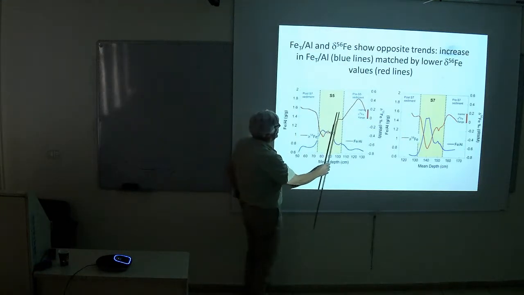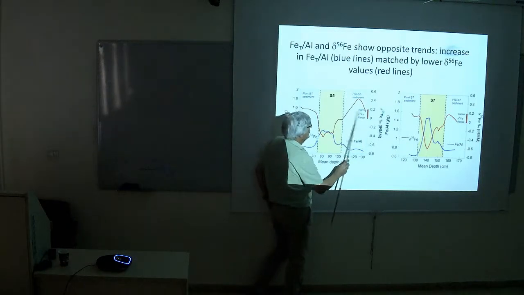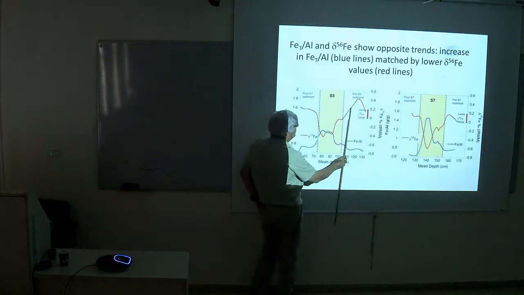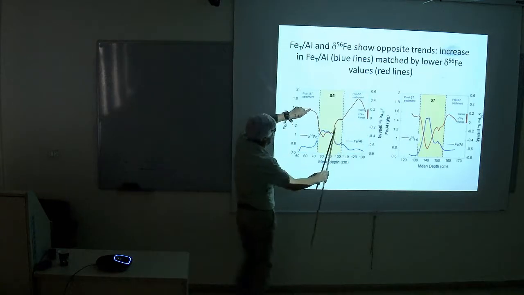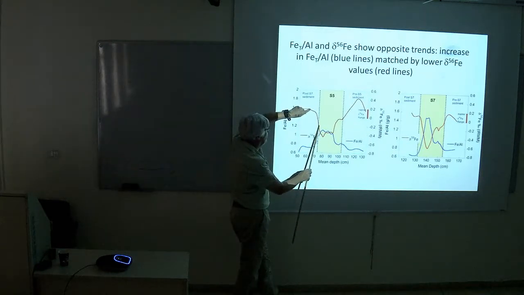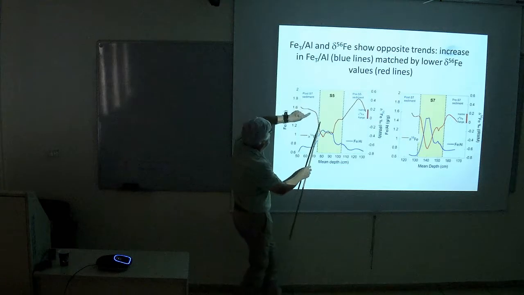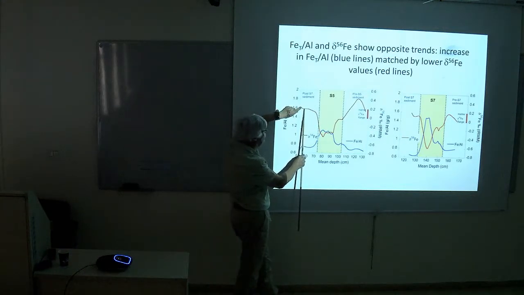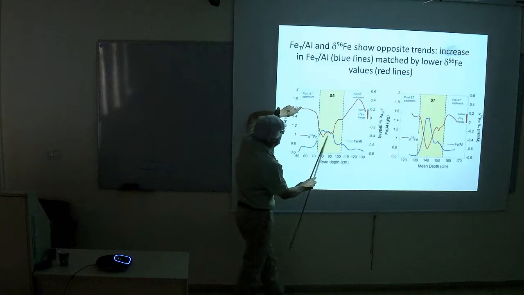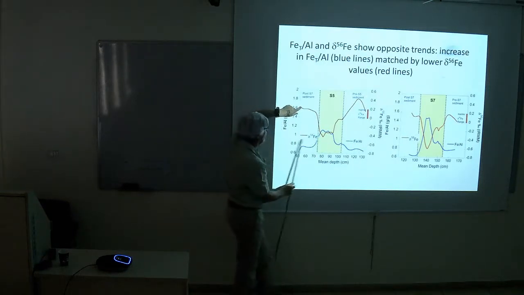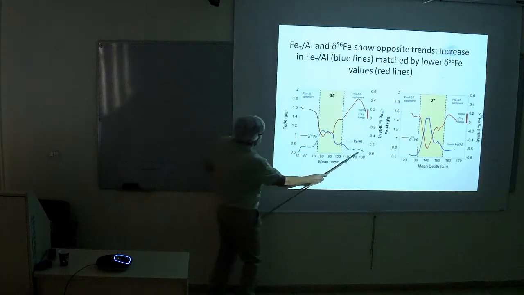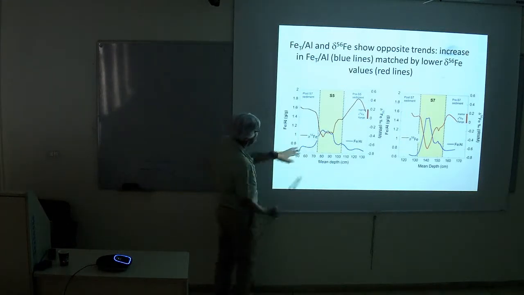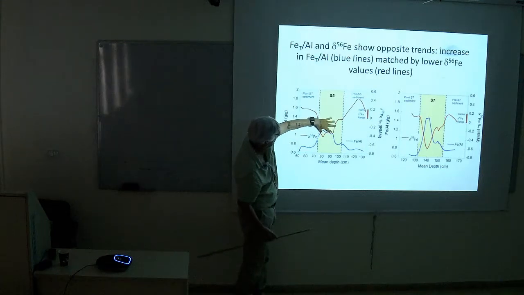And what we see, apart from this strange rise here, which I won't go into because I don't really fully understand it, though I have an explanation I'll mention, is the main thing I want to show: this drop in delta 56 Fe in the sapropel, then its rise out to the normal range here. It drops down to values as low as minus 0.6. At the same time, the iron rises, and it rises more or less in exact opposite to the drop in the iron isotopes.